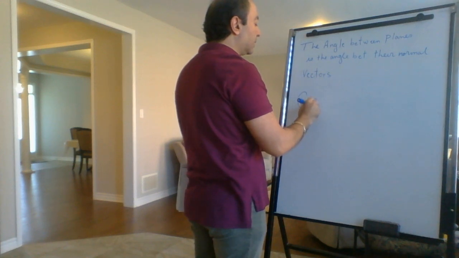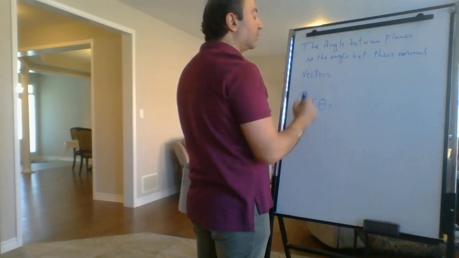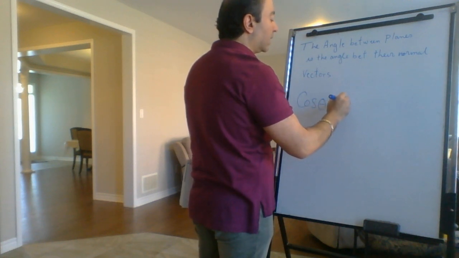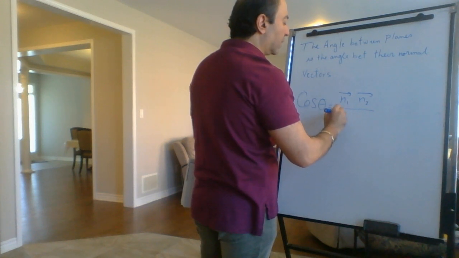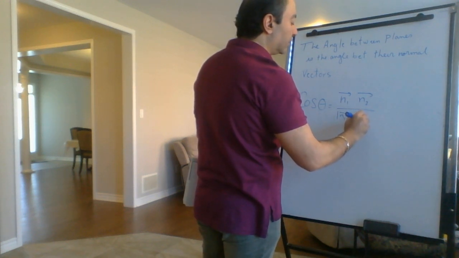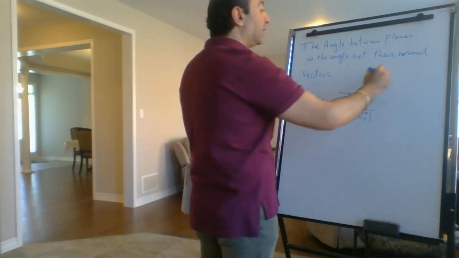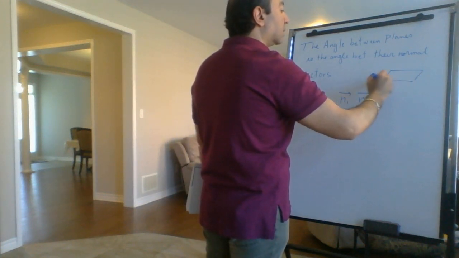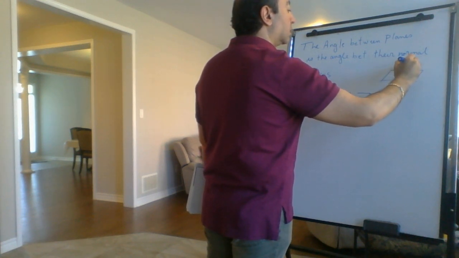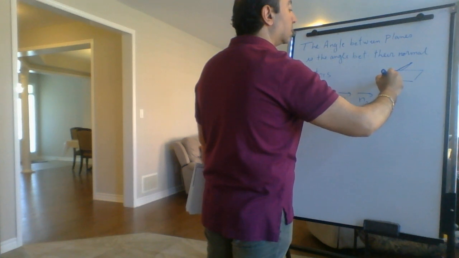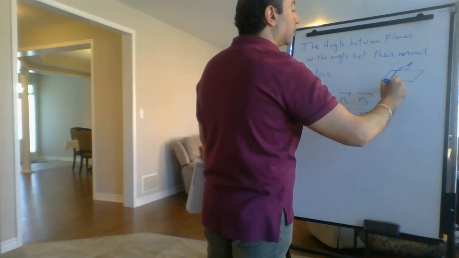We use cosine theta, which is the angle between the normal vectors, which is the angle between the planes, is n1 dot n2 over the magnitude of n1 times the magnitude of n2. Okay, the angle between planes is also the angle between their normal vectors.